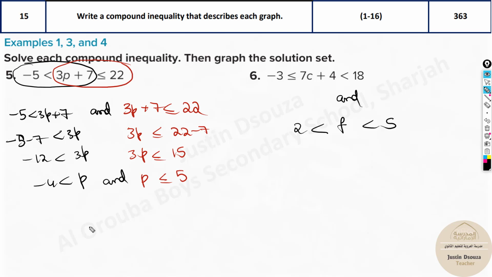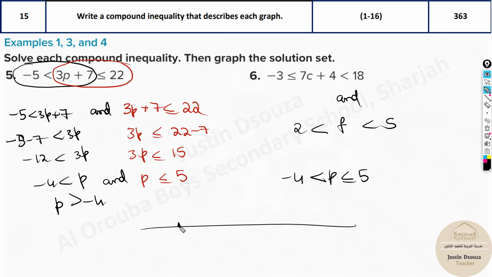Now we will write the statement. We can rearrange this and write, we always write p, the variable, first: p is greater than minus 4. So write this first, p is less than or equal to 5, but it is greater than what? Minus 4. Now if we do the number line, minus 4 will have a hole, and a point at 5, and this is all the solution region.